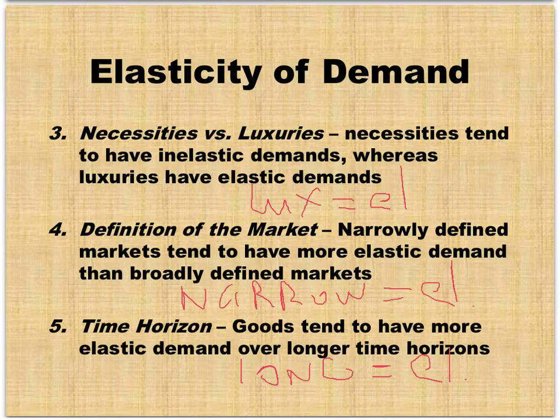But in the long run, if the gas stays that expensive, you may buy a more fuel-efficient car, you may ride a bike more, you may carpool, you may make arrangements. So over the long term, you will have a fairly elastic response. But in the short term, your response is going to be rather inelastic.